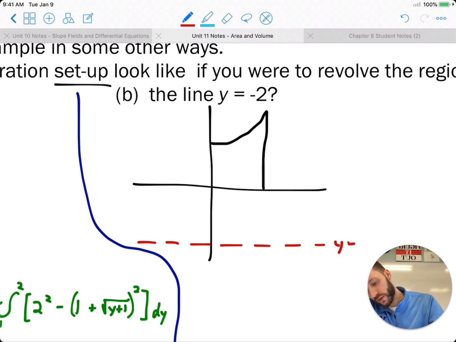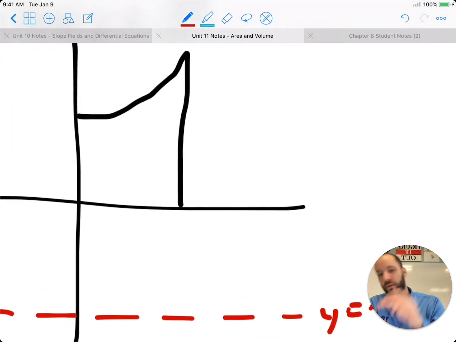So y equals -2. Now luckily, this will only be one integral, because from 0 to 1, you just have the curve on the top. So we only have one integral, one big radius, one little.